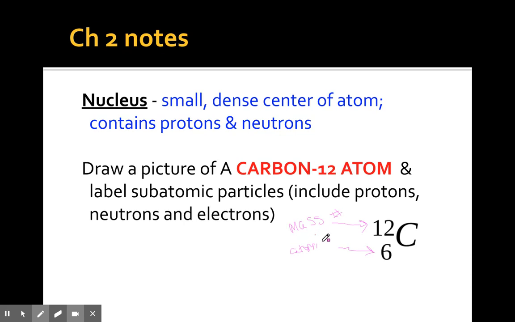Okay, that's your atomic number at the bottom. Because the atomic number of carbon is 6, that means it's the 6th element on the periodic table. So in my nucleus, I'm going to put 1, 2, 3, 4, 5, 6 protons.